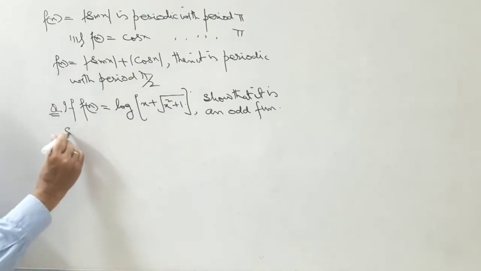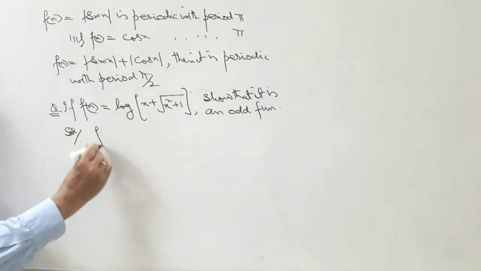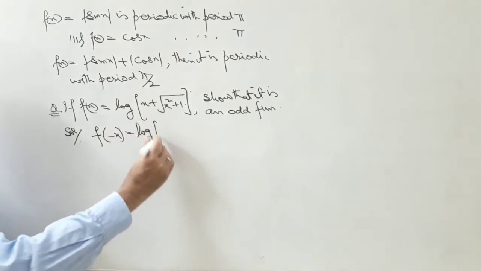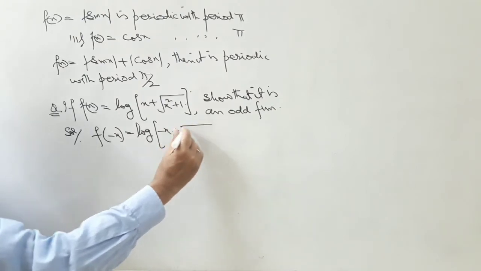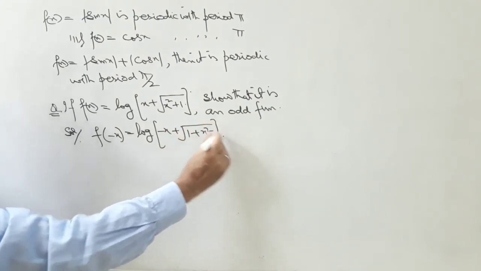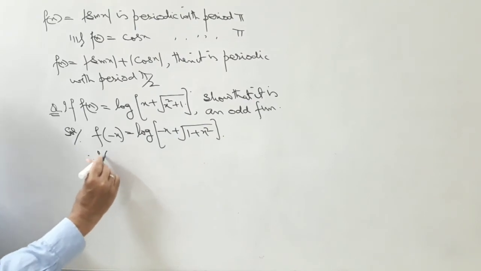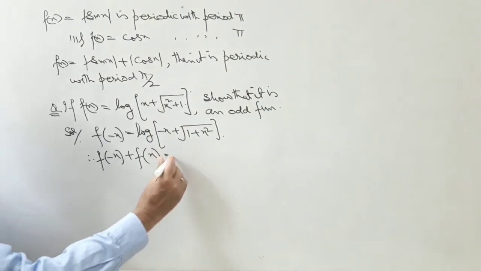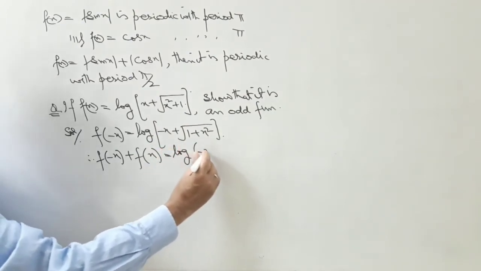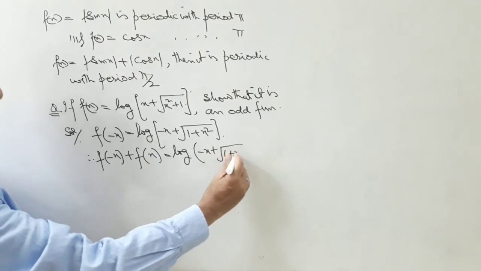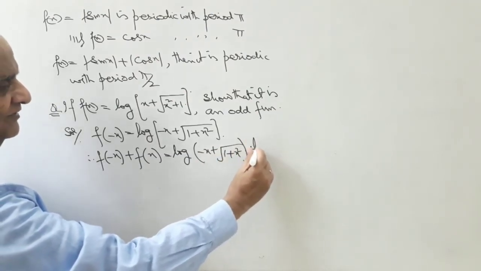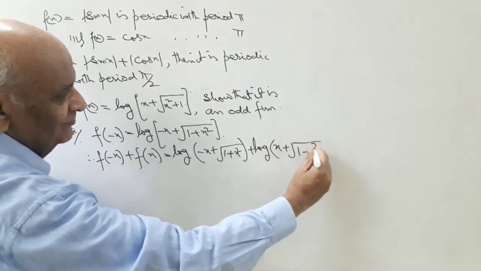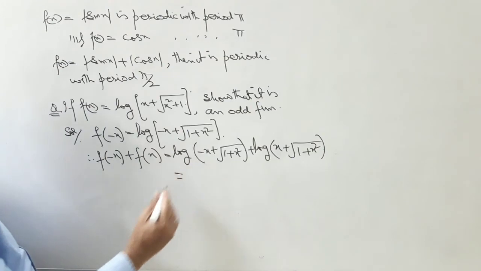See, the solution here is, we have f of minus x is equal to log of (minus x plus under root of 1 plus x square). Now therefore f of minus x plus f of x is equal to log of (minus x plus under root 1 plus x square) plus log of (x plus under root of 1 plus x square). This is log of m plus log of n.